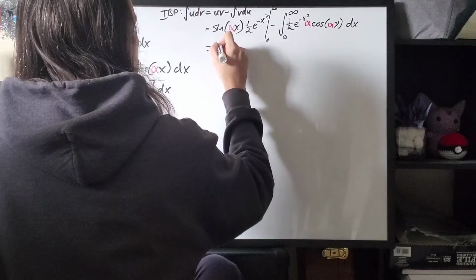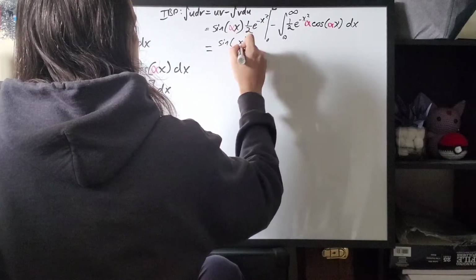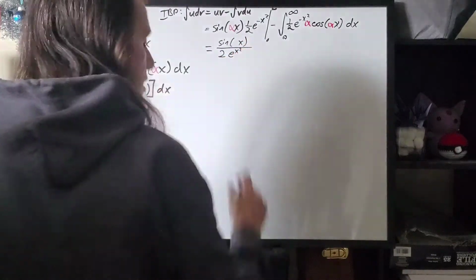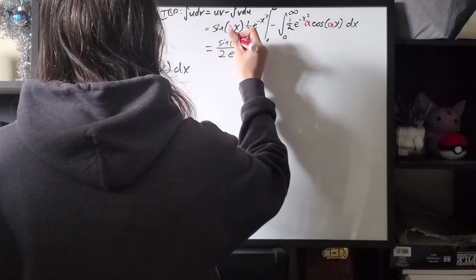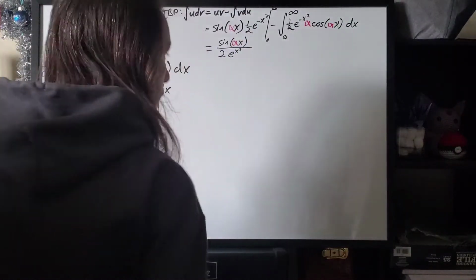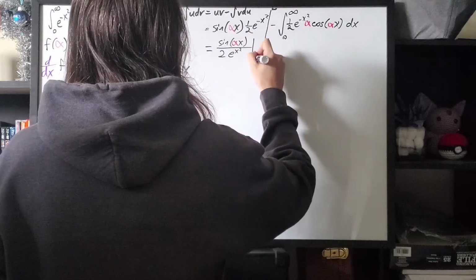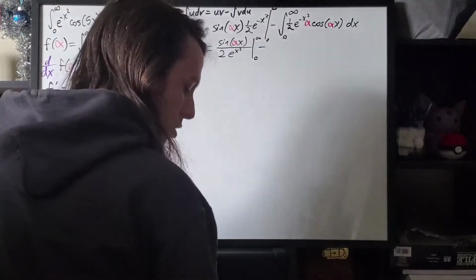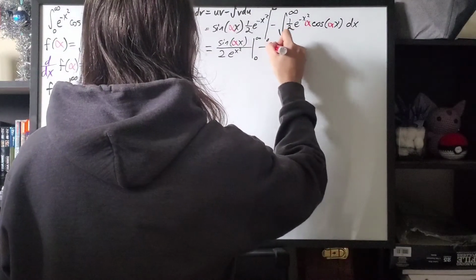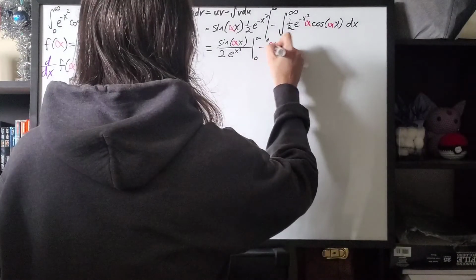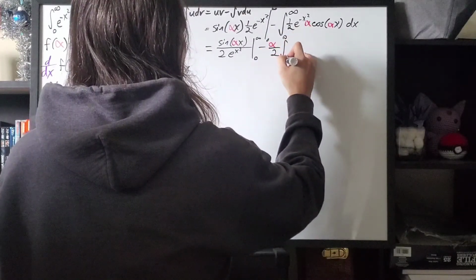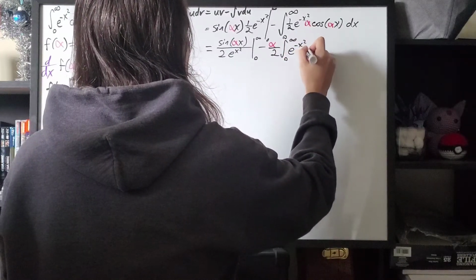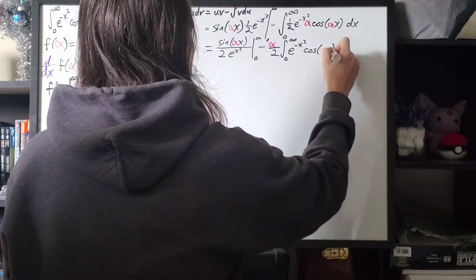We have sine of alpha x over 2, bring the e down, e to the x squared, still bound from 0 to infinity. And minus, we pull the alpha over 2 out, since it's just a constant, still 0 to infinity of e to the negative x squared cosine of alpha x dx.